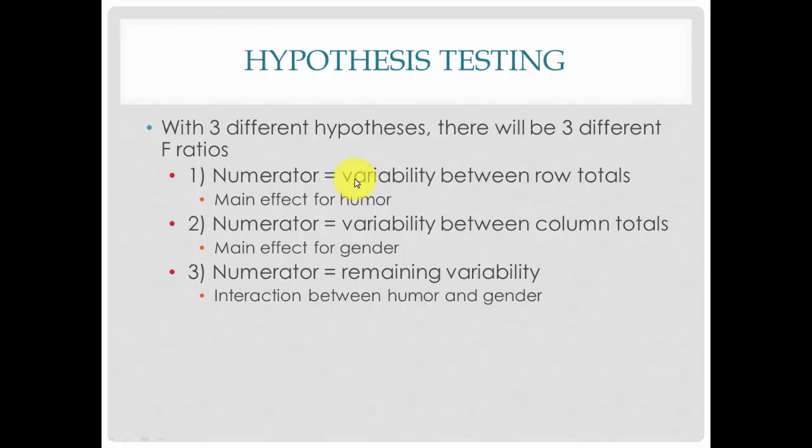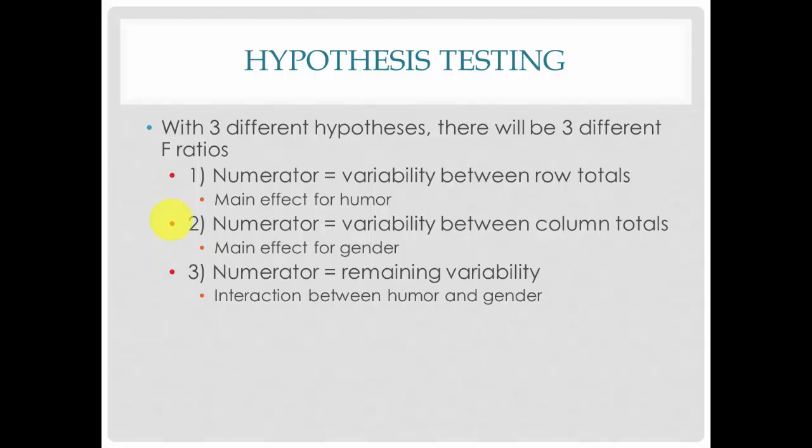So these three numerators are three different between subjects effects. If you want to compare it to a one-way ANOVA, where we have the between subjects divided by within subjects in order to get our F ratio, for this we again have a between subjects divided by within subjects design, but we actually have three different between subjects comparisons.